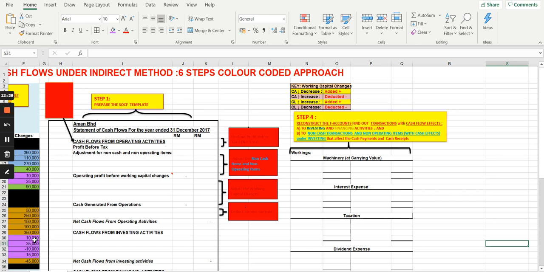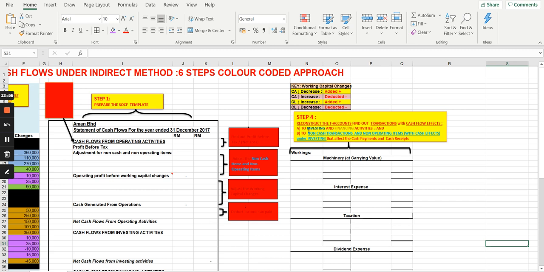Remember, all this might give an indicator that there is a net increase in cash flow. However, you need to go and check further on other transactions with cash flow effect.